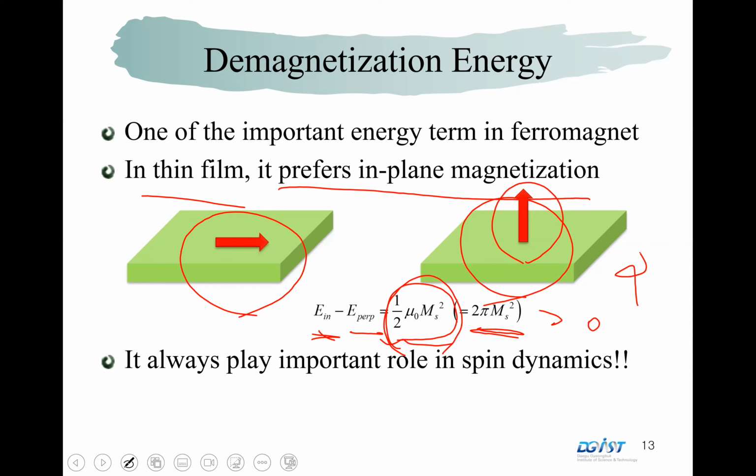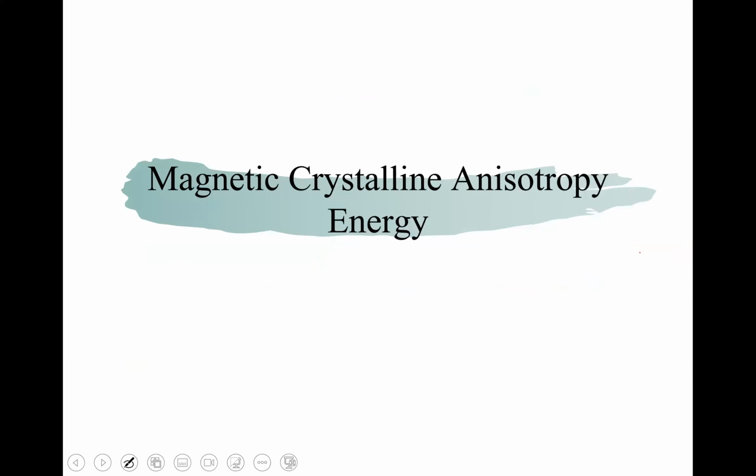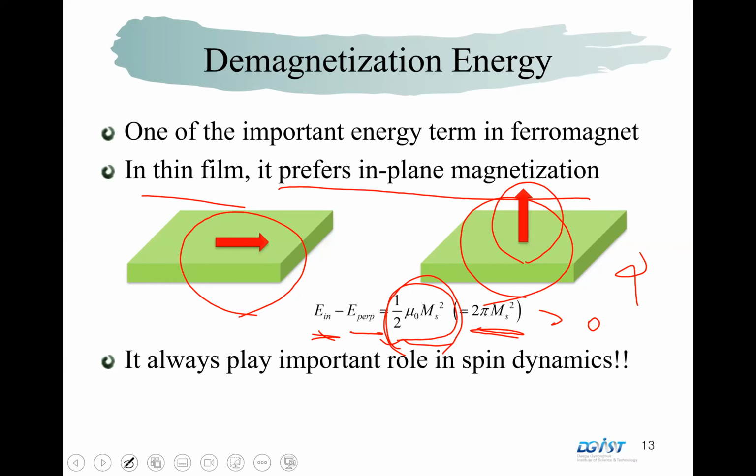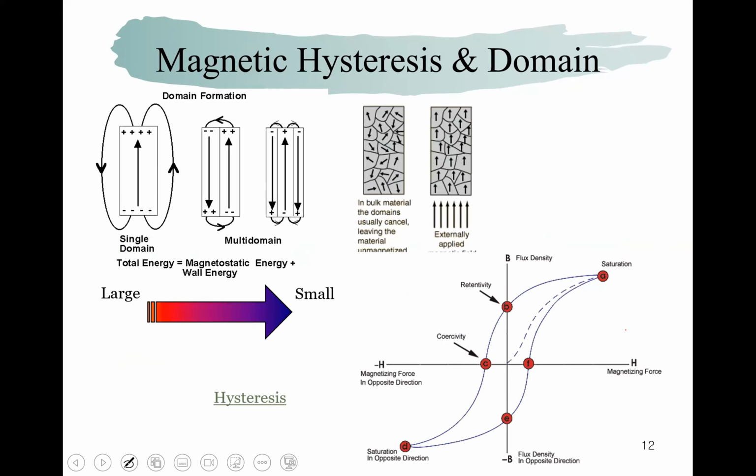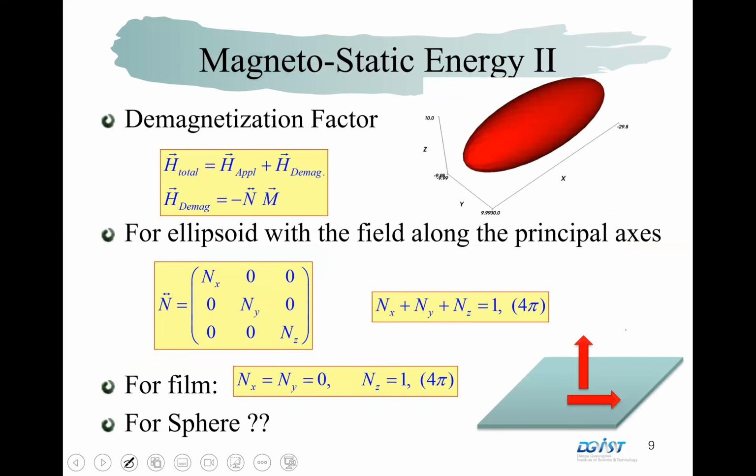How can we make such kind of energy? We're going to talk about this kind of energy term. So this is a summary of the demagnetization energy. Actually, to really understand the demagnetization energy, you need to calculate this one.